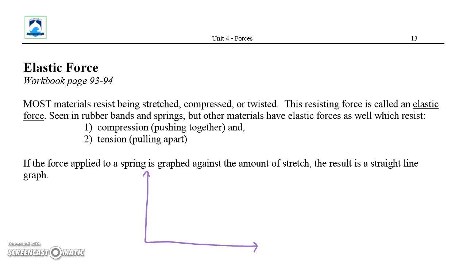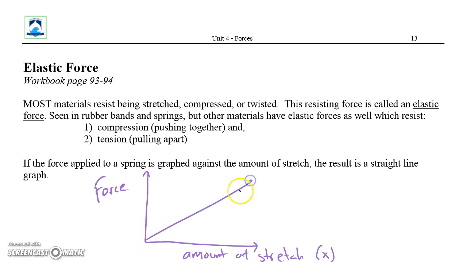So, in terms of relating the force to how much something can be stretched or compressed, we actually get a linear relationship between those two. So if we have the force as our dependent variable, and then the amount of stretch, which we're going to label as x, the relationship will always follow a linear pattern for simple situations.